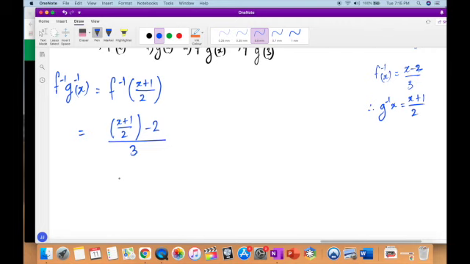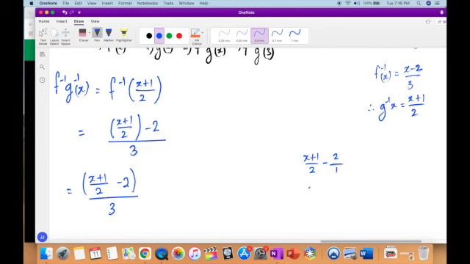Okay, so we can remove the brackets there: x plus 1 on 2 minus 2 all over 3. And we might have to do something with this numerator here. So I'll go in my working column and say x plus 1 over 2 minus 2 over 1, and I'll make one fraction.